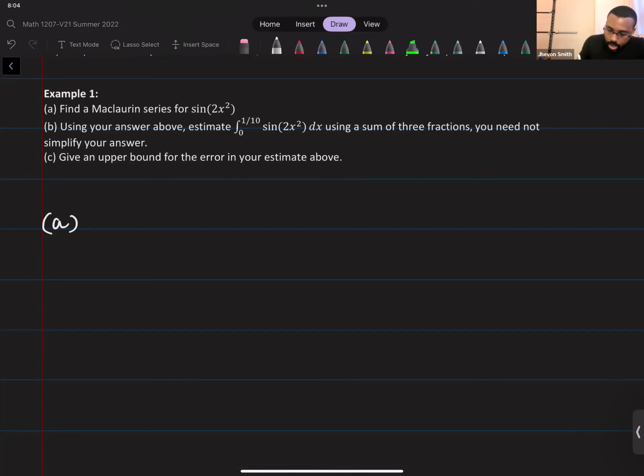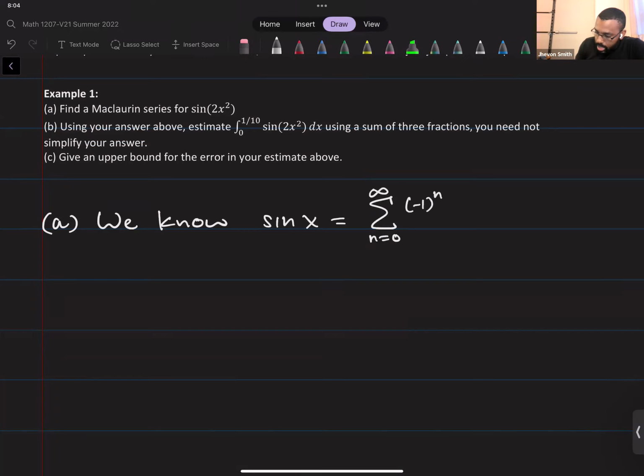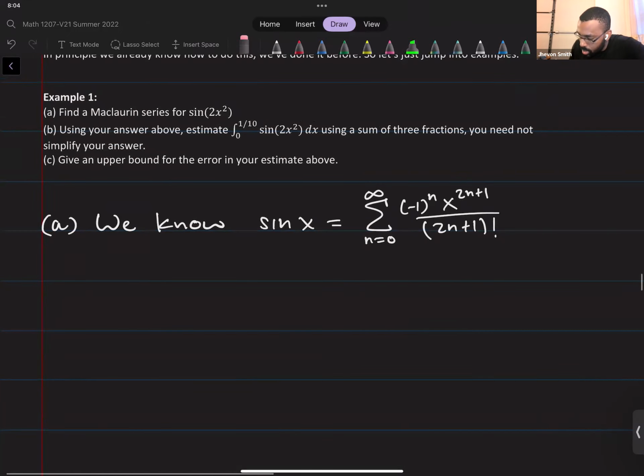Well, we know that the sine of x is equal to the sum of minus 1 to the n, x to the 2n plus 1, over 2n plus 1 factorial. And this is true for all x.